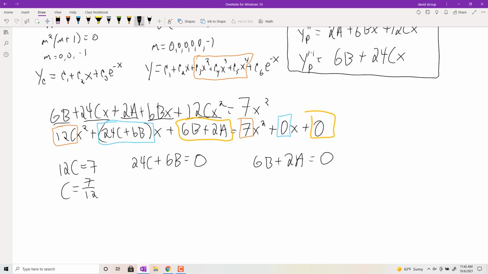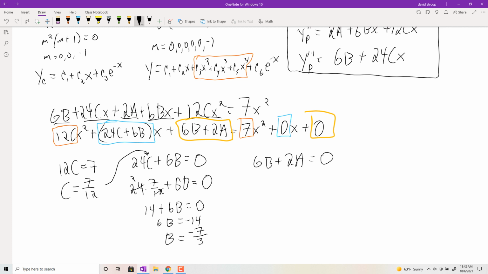Okay, so first I'm going to kind of plop this into here. 24 times 7 over 12. It's a little bit like solving partial fraction problems in Calc 2. 12 goes into 24 2 times, so we get 14 plus 6b equals 0. 6b equals negative 14, so b equals negative 7 over 3.